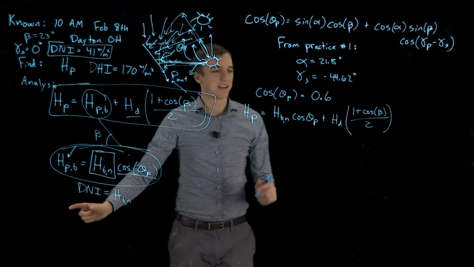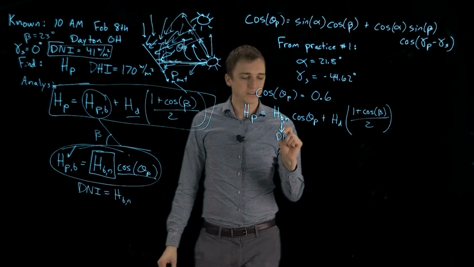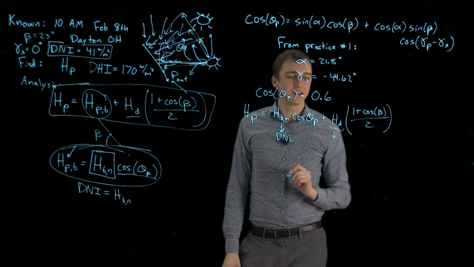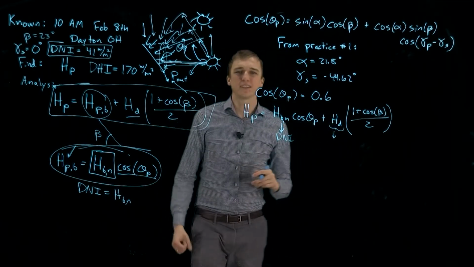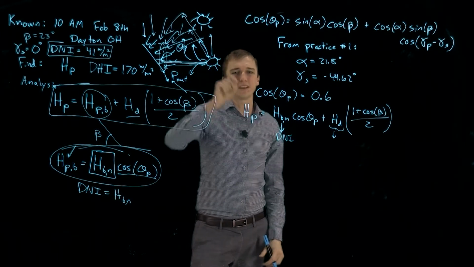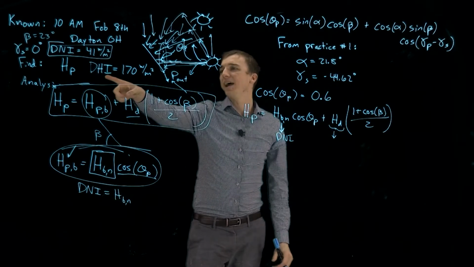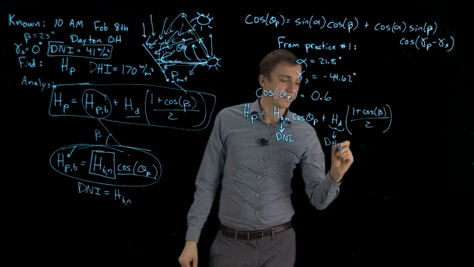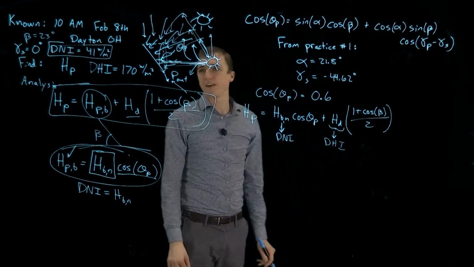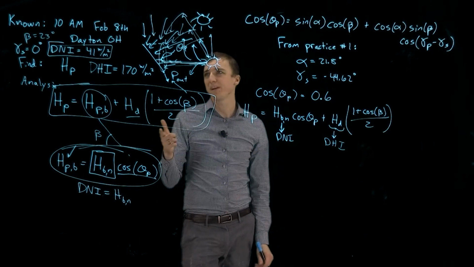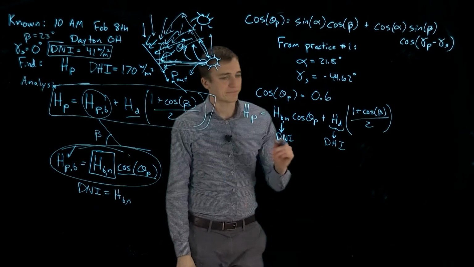HBN is DNI, so this is DNI, direct normal irradiance. Likewise, HD, the heat flux that is incident from all diffuse components, but not from the sun, that is the same as DHI, the diffuse horizontal irradiance. I got both of these values directly from the TMY3 data for Dayton on February 8th at 10 a.m.